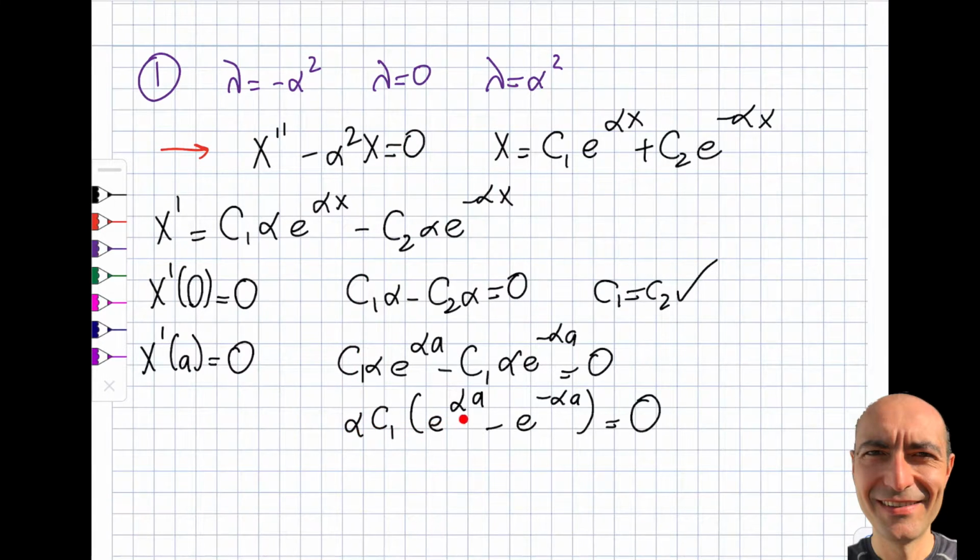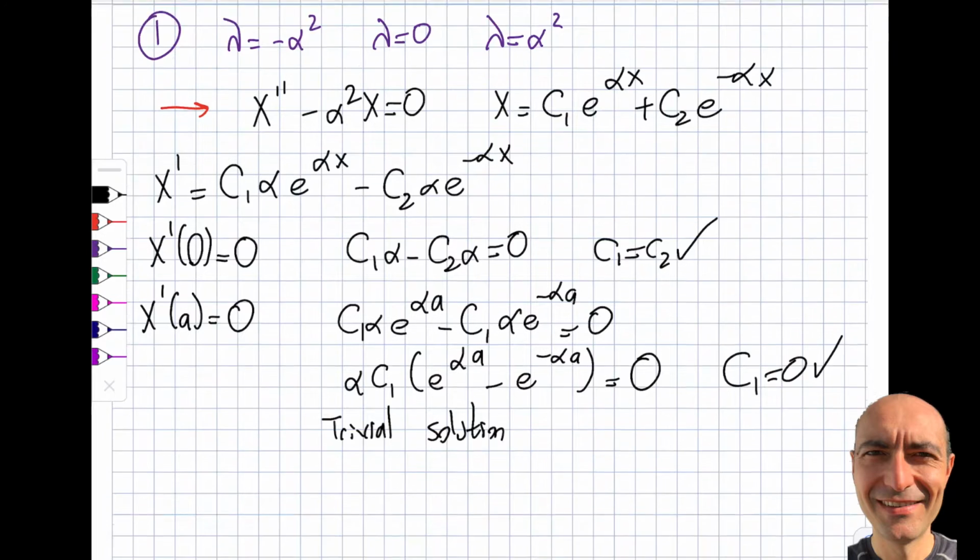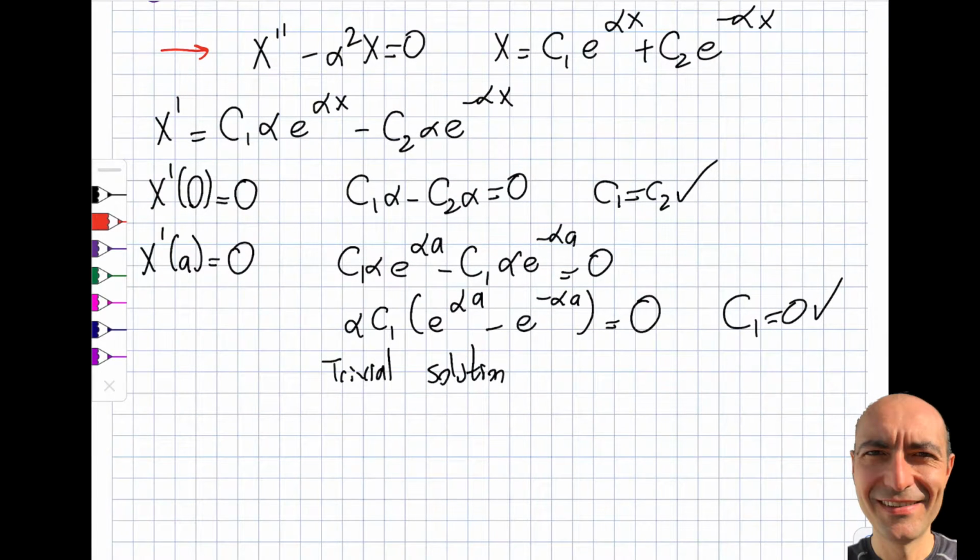So then either this is equal to 0, which doesn't make sense at all, right? a is a constant number, alpha is a positive number, so this can't be 0. So then the only way is that c1 will be 0. It's very similar to what I've done before, so I get the trivial solution. Okay, so as you see, the story seems to be the same as what we've been dealing with.